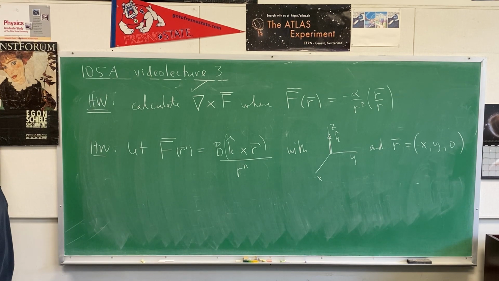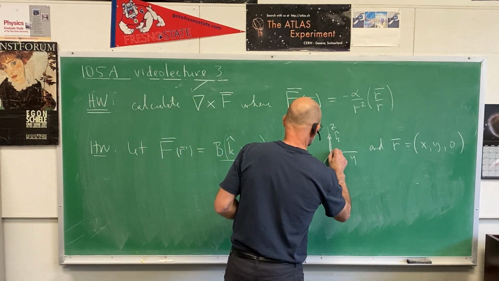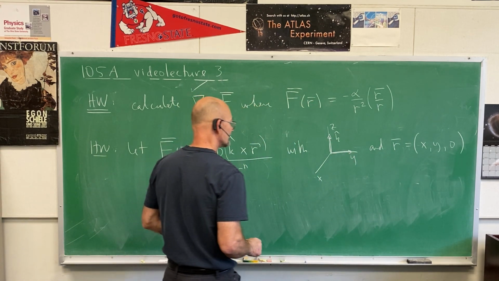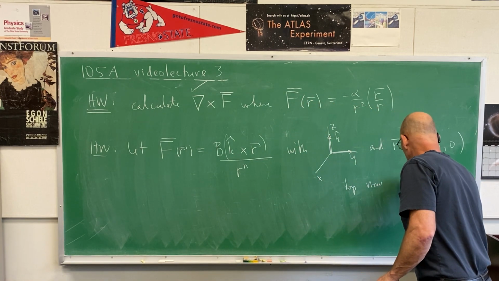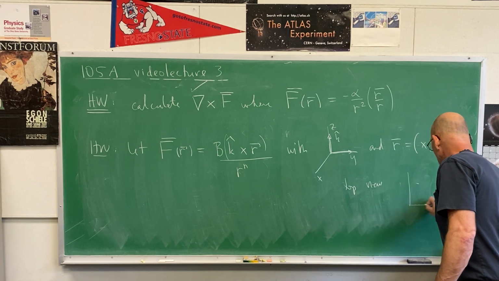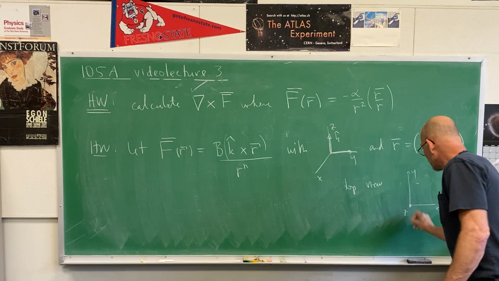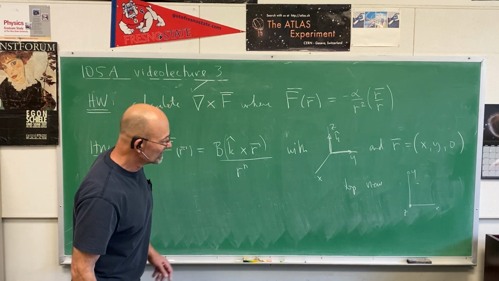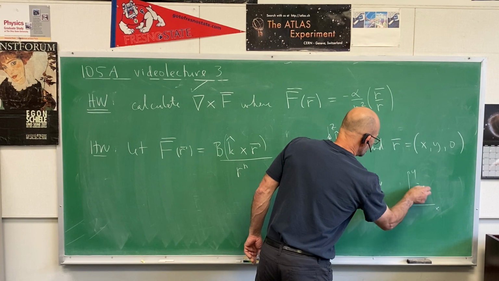If you take the cross product, let's put a top view here. Top view, we've got x, y, z pointing out of the board. This k hat is the one we're talking about there. K hat cross any vector is in that direction.